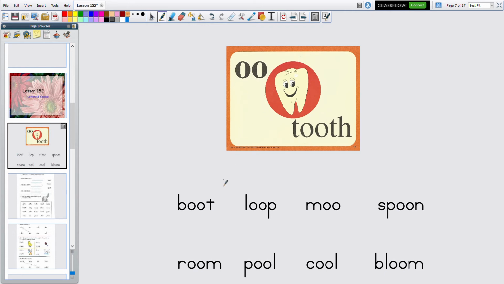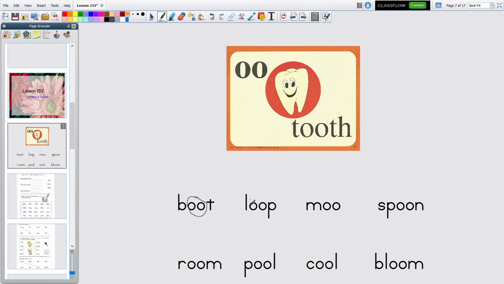Okay, so whenever we see the O-O on any word, we need to make sure which one it is. Because if you start out by saying it's a boot, it doesn't sound right. So you have to try the new one, boot. This one has O-O, and this one happens to be oo in tooth. So it's boot, boot.